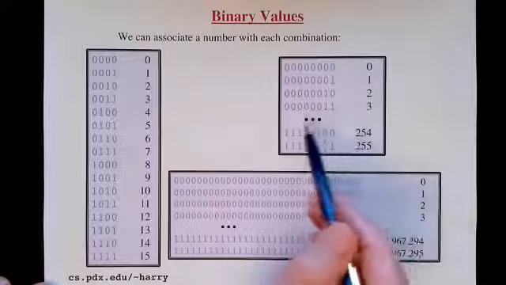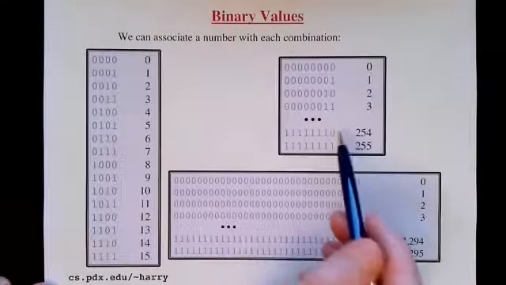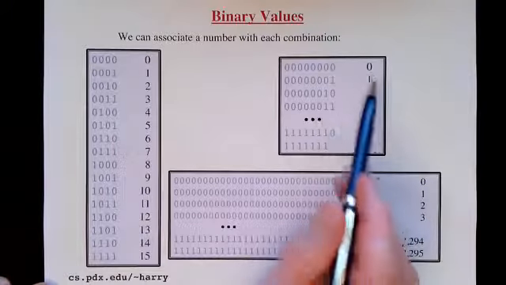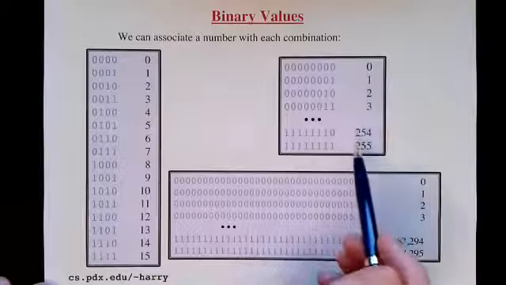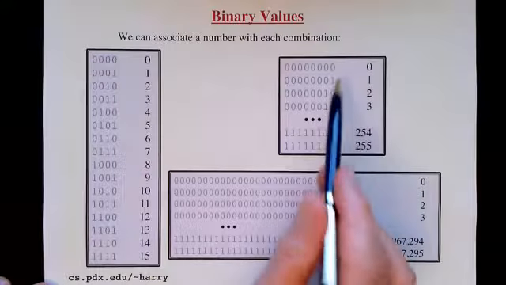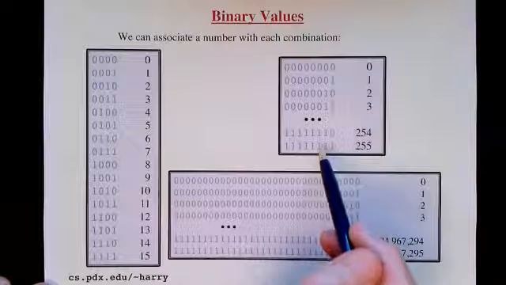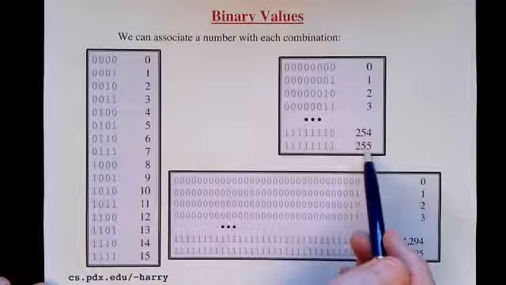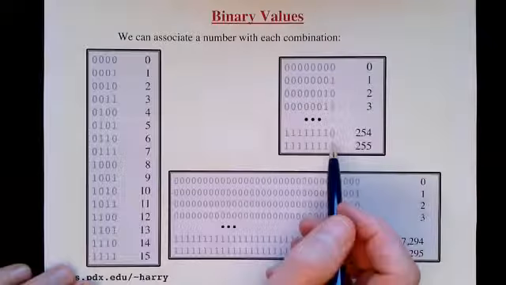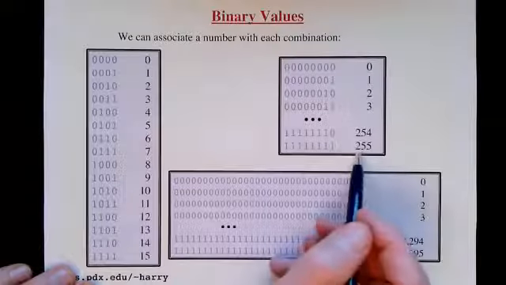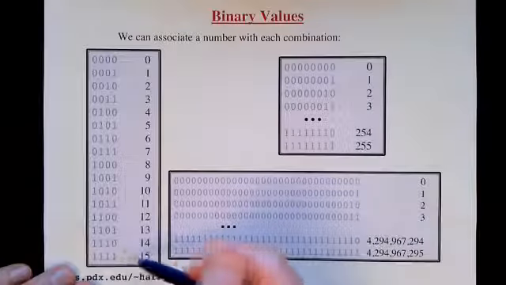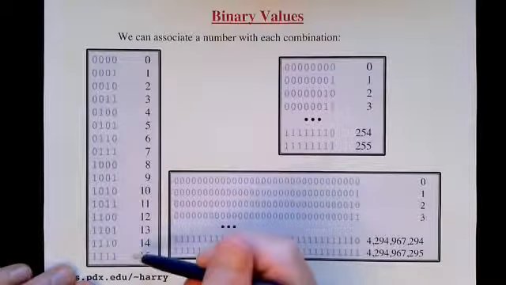I'm not listing them all out because there are too many for this slide, but they start at 0, and since there are 256 different binary values with 8 bits, we have a top number of 255, which is 1 less. So here our largest number is 255, and here our largest number is 15 because we have 16 total values.